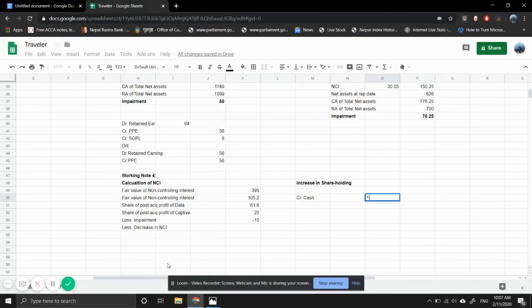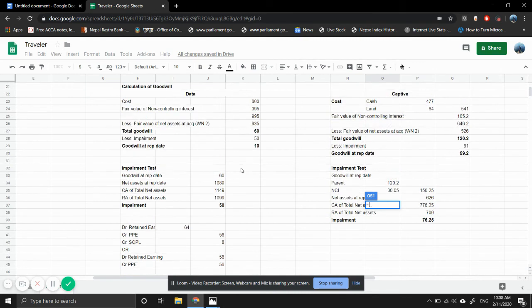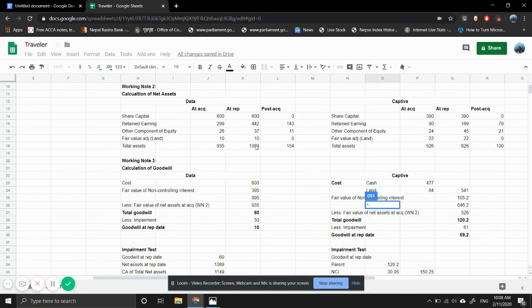Yep. So 220 was given. How much net assets did we give them? So net assets, right? Or you can say debit decrease in NCI. Okay, so what was the year end figure?